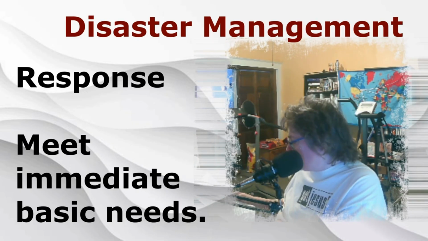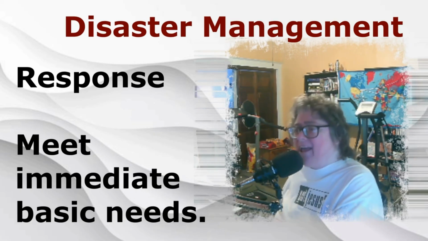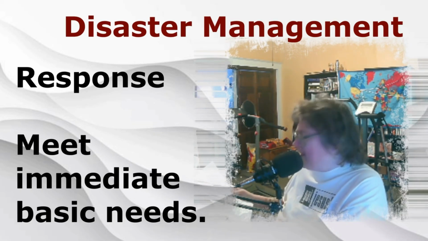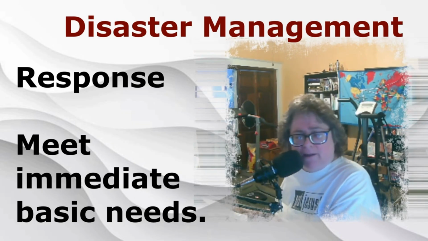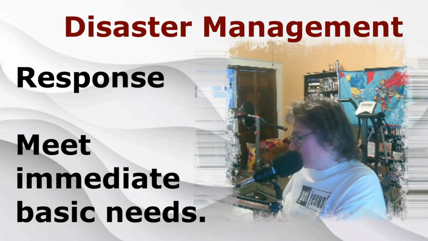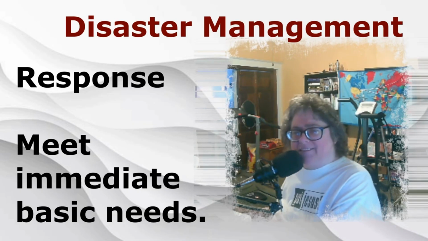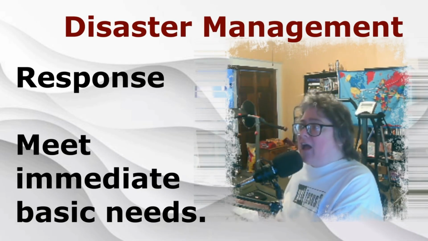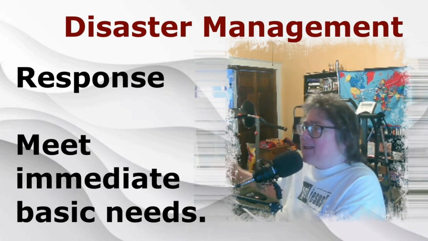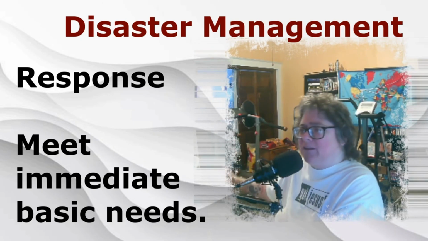The focus of the response phase is on meeting the basic needs of the people until a more permanent and sustainable solution can be found. This is what the disaster response consists of. Addressing the immediate concerns until a more permanent solution can be found.